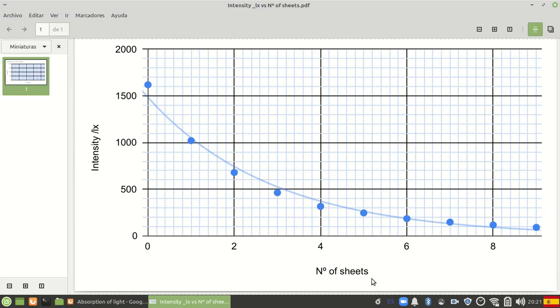So instead of measuring our thickness in millimeters or micrometers or nanometers, as a real scientist would have down here at the bottom on the axis, we've had to use the number of sheets of paper. It doesn't change the relationship. We've got exactly the same kind of graph. We've still got the same understanding and we can still see the same pattern. We've just used different units.